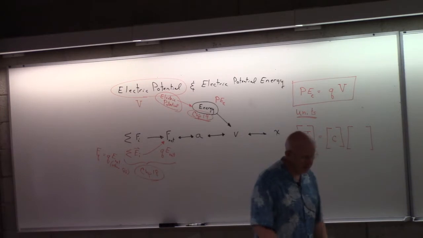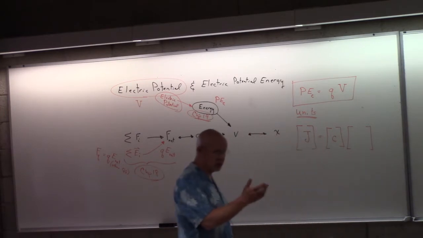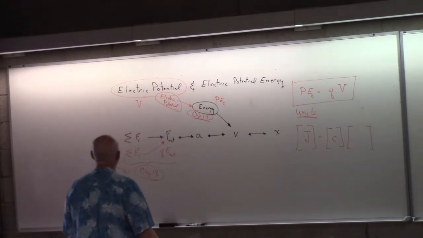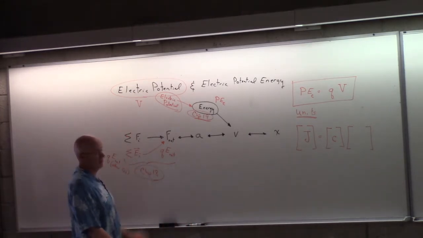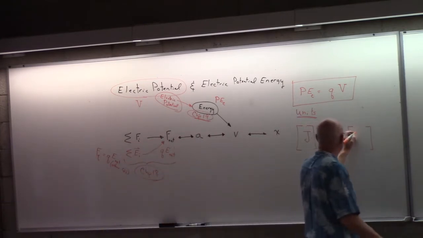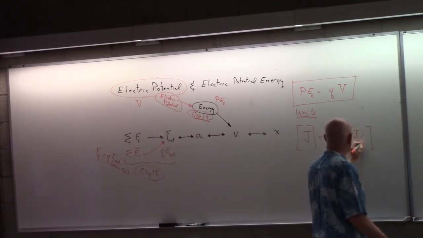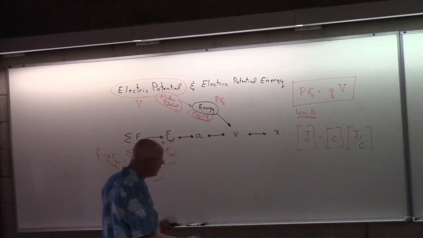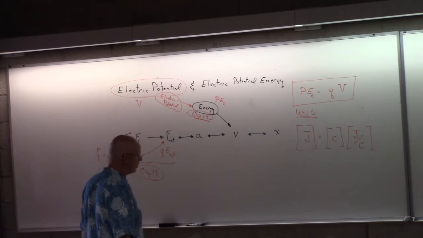And so hopefully this will help answer this question. What would be the units of this new thing called the electric potential? And so maybe you can see that it would be a joule per coulomb. And so the units are a joule per coulomb.